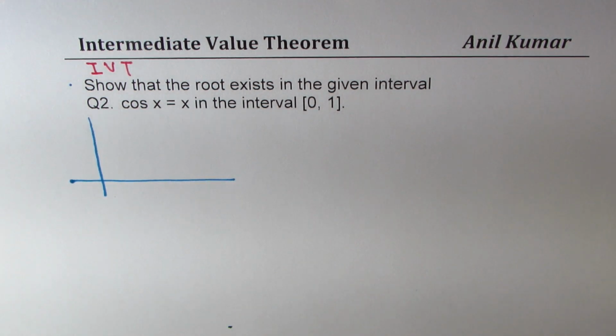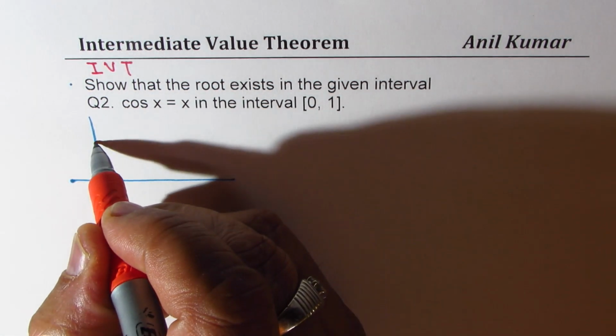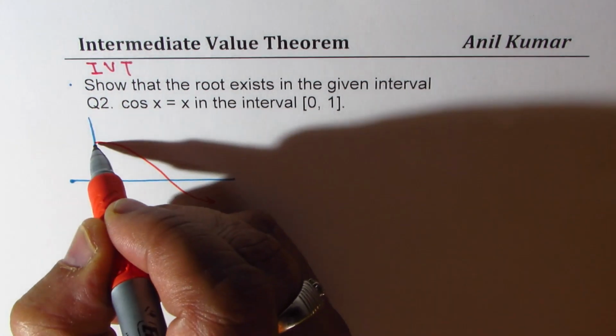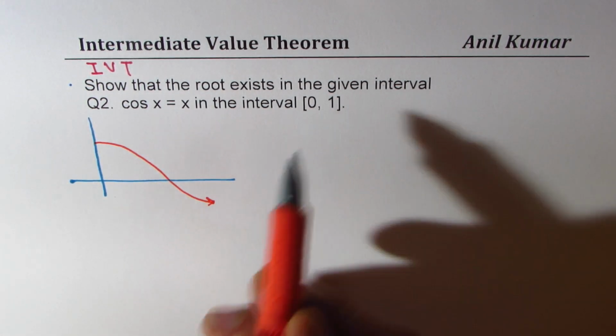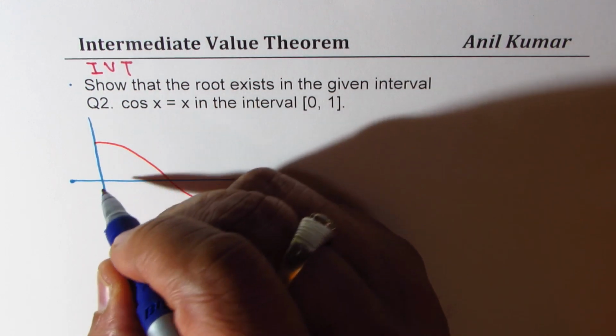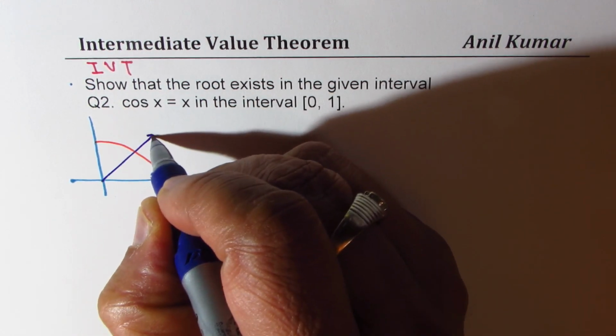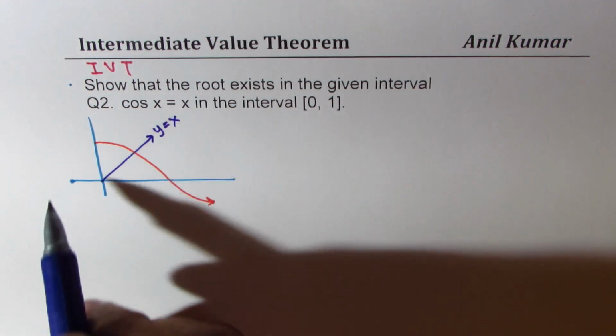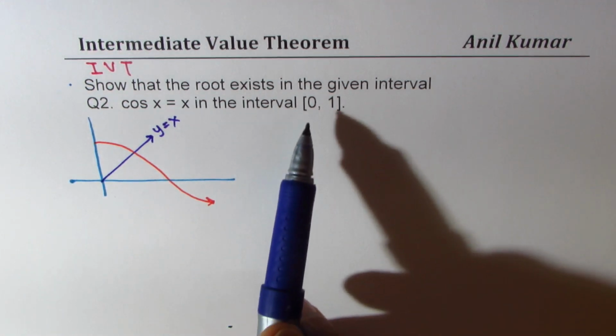When I say cos x, I mean a curve which is kind of like this, right? This is the cosine function. I'm just sketching a portion of it from 0 to 1. y equals x is this line, so let me write this as y equals x. We are working in the interval 0 to 1.